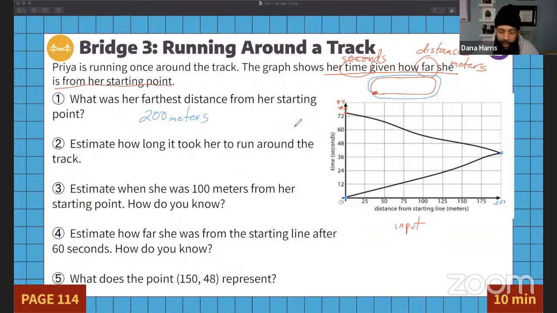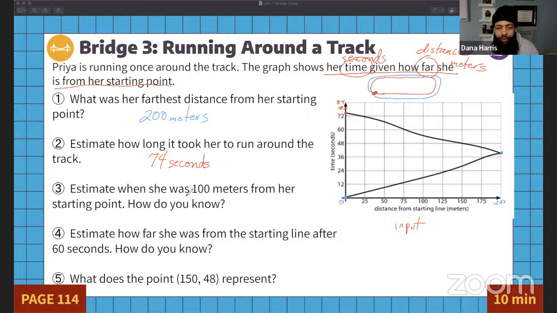So roughly around, I would say 74, maybe 75 at the most. So I say 74 seconds. Just make sure you don't have anything higher than 78, because remember, 78 is halfway there. So I would say anywhere from 74, 75 seconds is what it took.